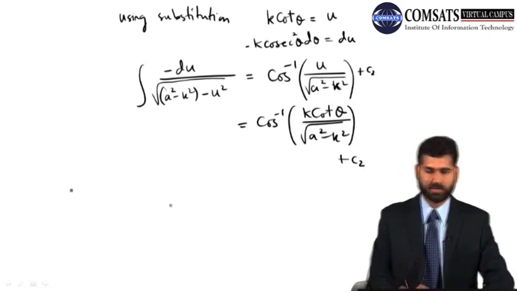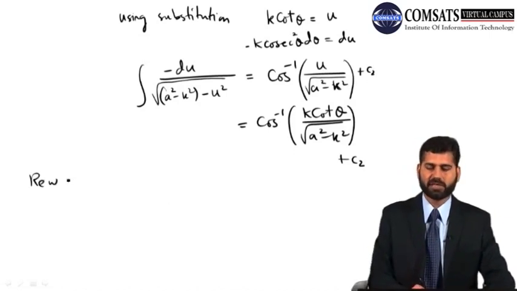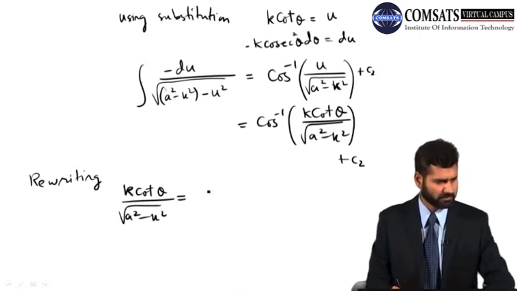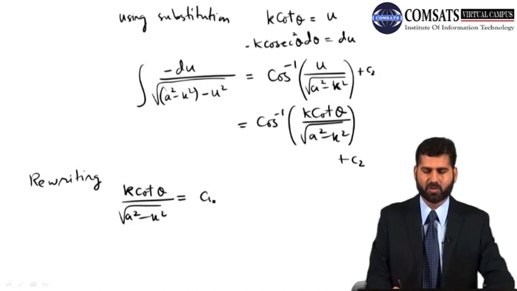All right, and of course if we integrate it, another constant will come here, so plus a constant of integration, which is c2. So now just to give this a compact form, I can rewrite k cot theta over square root of a square minus k square equal to cosine of some function minus c2, right?